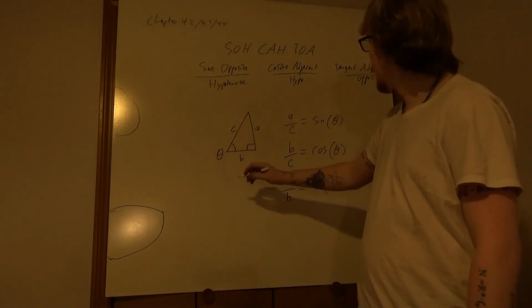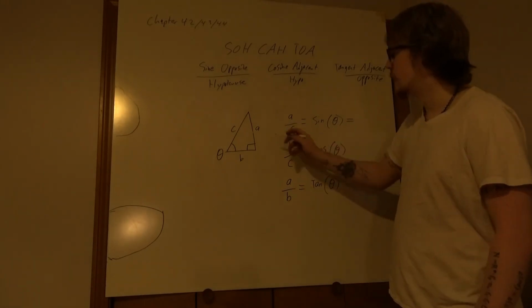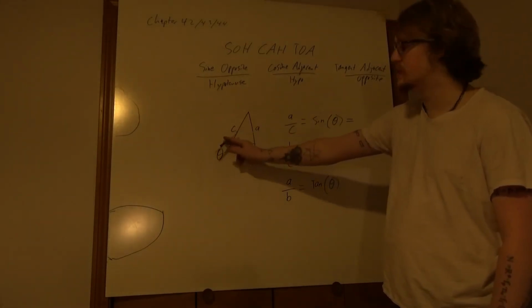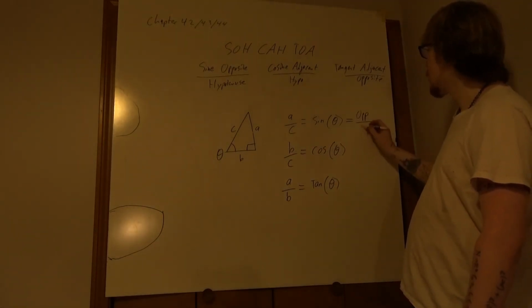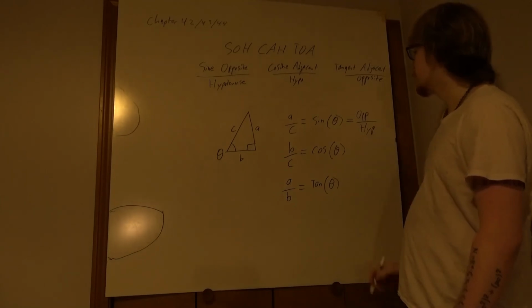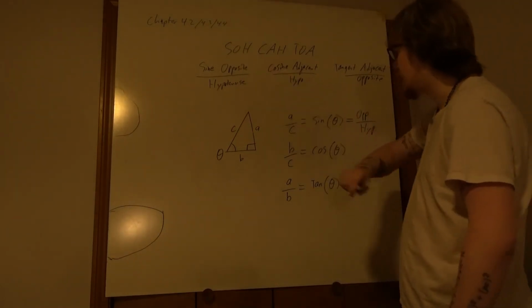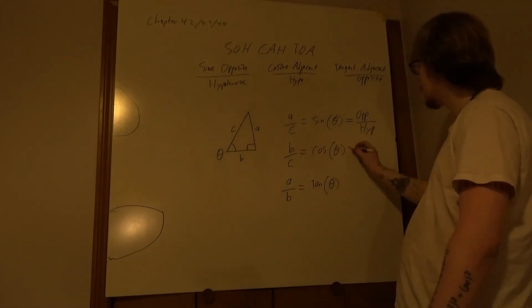So another way to do this would be to see that sine is going to be A over C. A is the opposite leg, and C is obviously the hypotenuse. So this is opposite over hypotenuse, which is exactly what we have here in the mnemonic. Likewise, cosine is the adjacent leg over the hypotenuse.